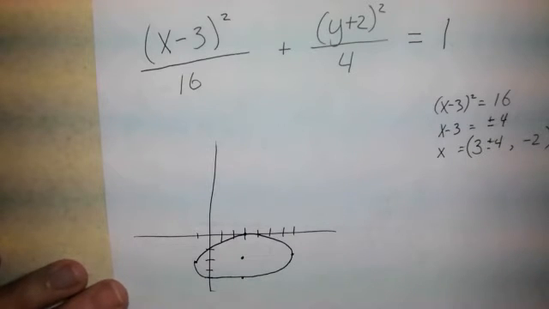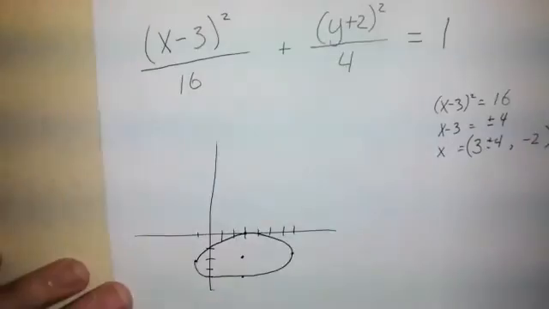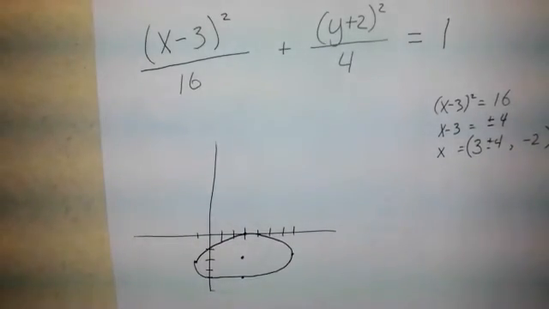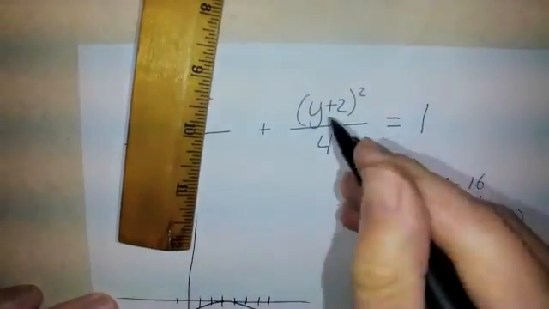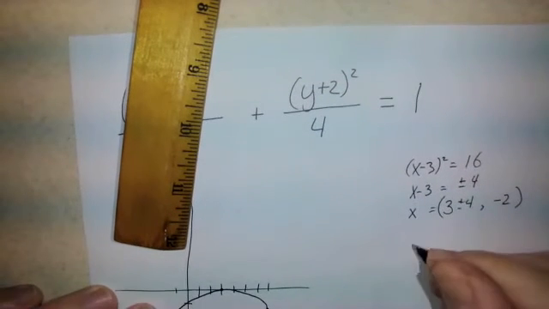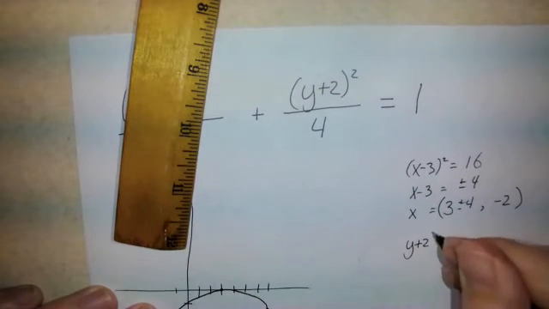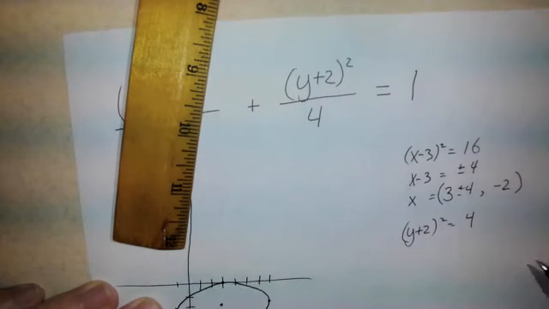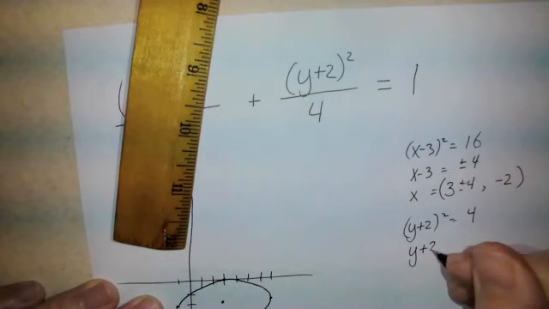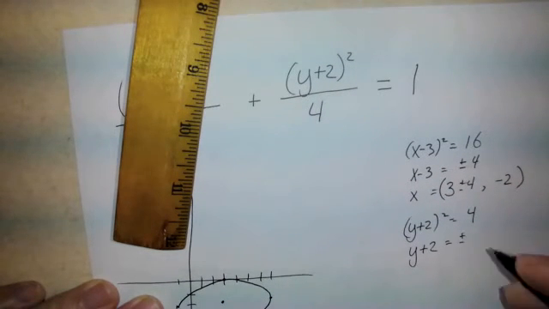Likewise, if x minus 3 were equal to 0, in other words, x were equal to 3, I can kind of cover that up. Do the same treatment over here. (y + 2) quantity squared equals 4. When I multiply both sides by 4, y plus 2 equals plus or minus 2.